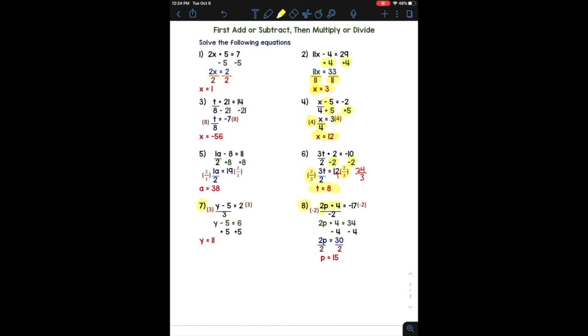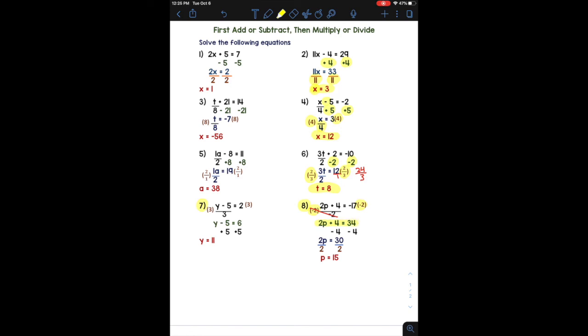Lastly, number 8 is similar to number 7, where we have the entire side of the equation being divided by one number. In this case, this is the only time we're going to not add or subtract first. You're actually going to multiply by the denominator first so that they cross simplify.